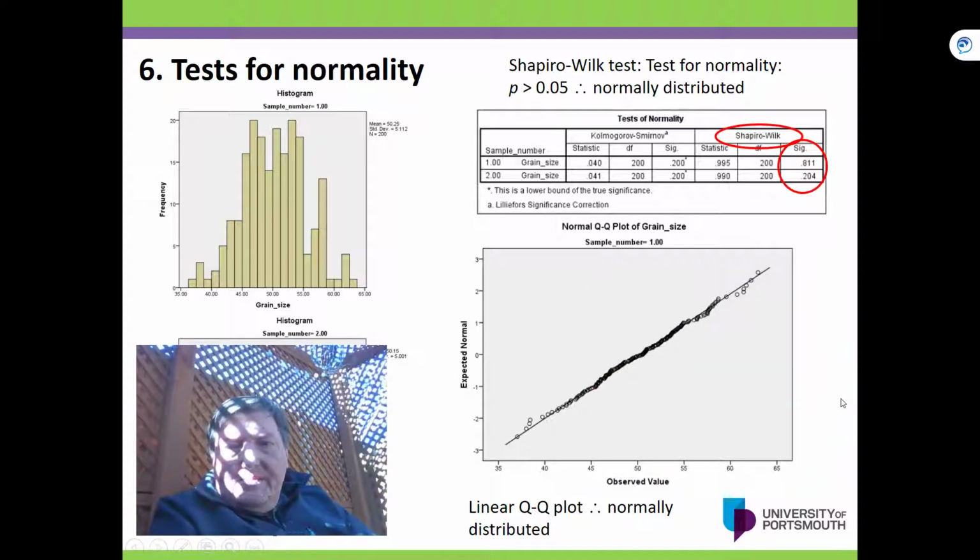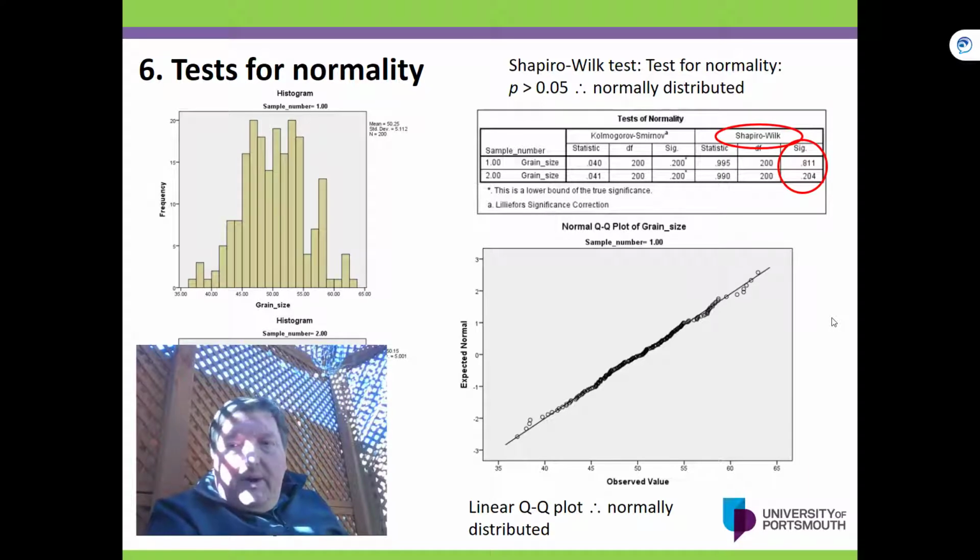SPSS also provides what's known as a QQ plot, and I won't really go into this at the moment, but you can read up about it. I'll put some links up. But if you've got a straight line plot, a linear QQ plot, that means it's normally distributed. But again, when you look at these plots, sometimes there's a deviation even on that plot, which makes you think, well, I'm not quite sure whether it's normally distributed or not.